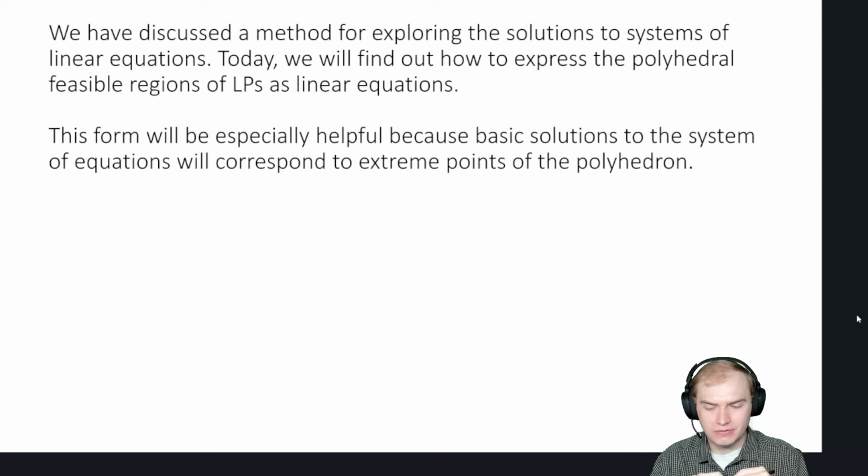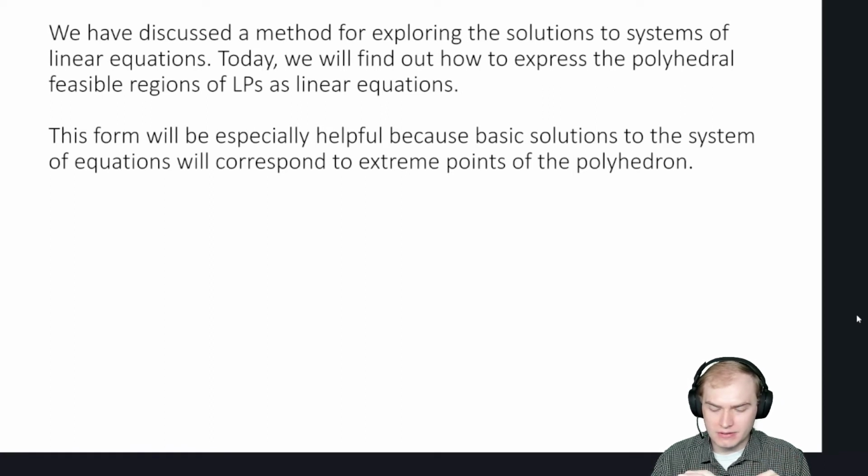So we have to develop a way to re-express our polyhedral feasible regions as systems of linear equations to use our basic solution technique. That's what standard equality form is, and that's what we're going to talk about today.